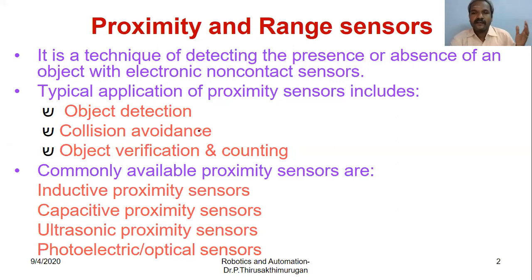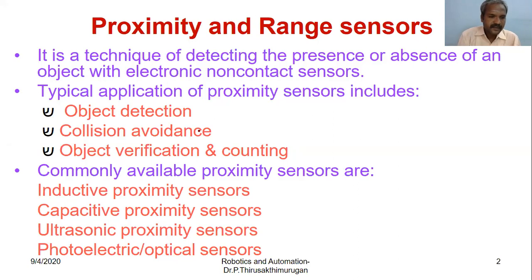Then also the proximity sensors are used for counting. So how many boxes, how many glasses are passing over the conveyor. So it does a dual role in parallel, one for object verification, the other for counting. So simultaneously it will do two things, right?